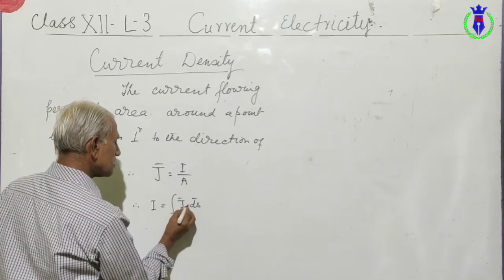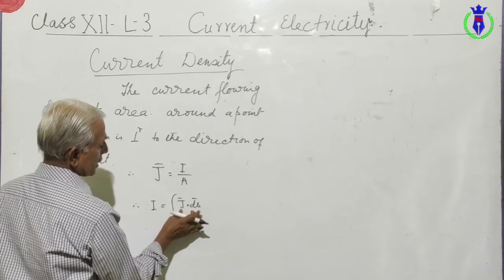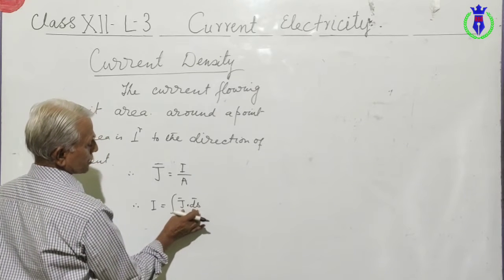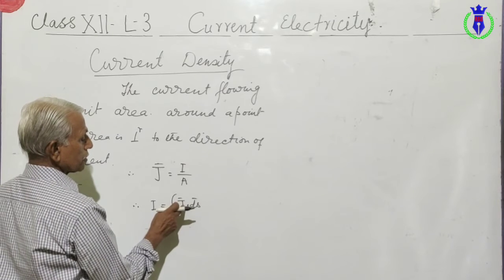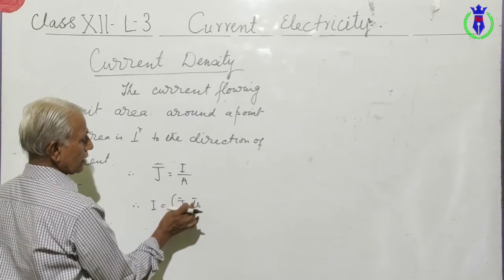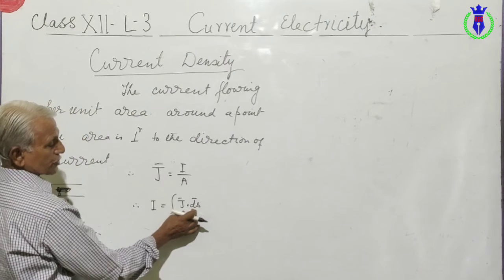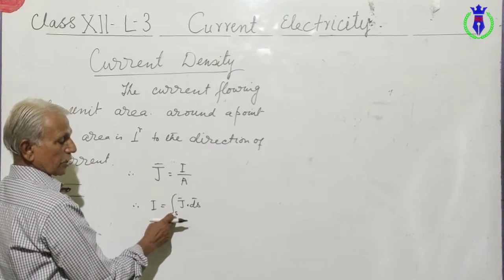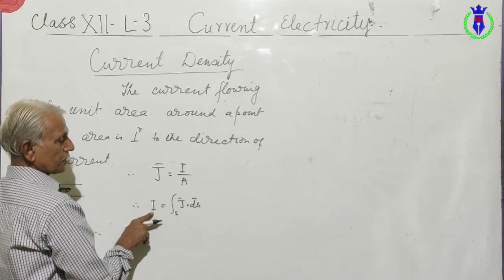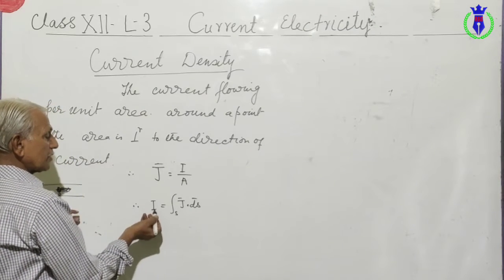This is flux, the current density flux, the total current flowing through the area. The current density flux through any surface is called current. So we can define the current like this.